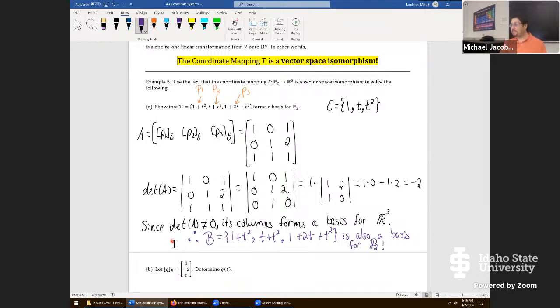Deserves an exclamation mark because that is a pretty weird way to calculate. And it's a massive shortcut as well. Any questions at all, folks, with the conclusion here?